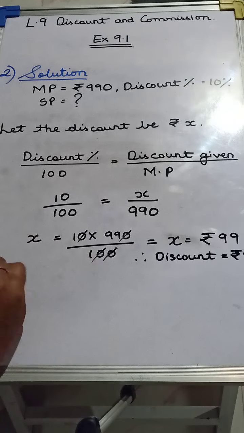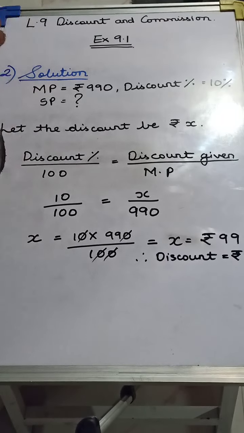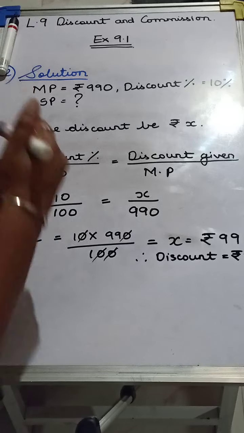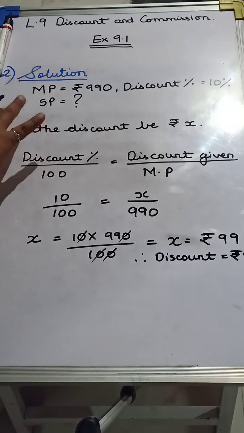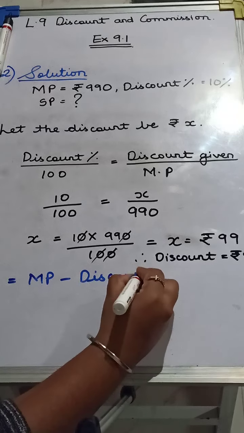So now here down you can write SP, because this is the first part. Now this is the second part. So SP is equal to MP minus discount.